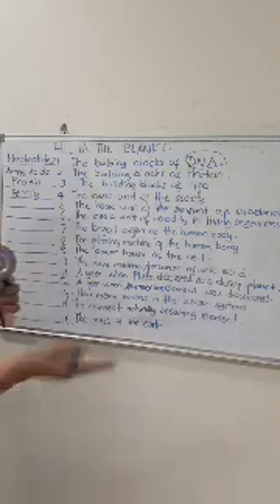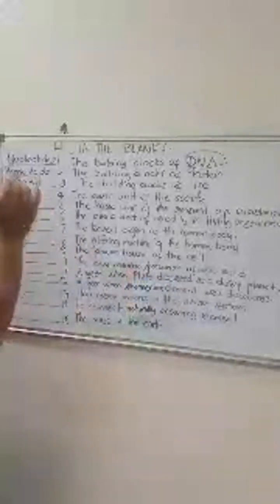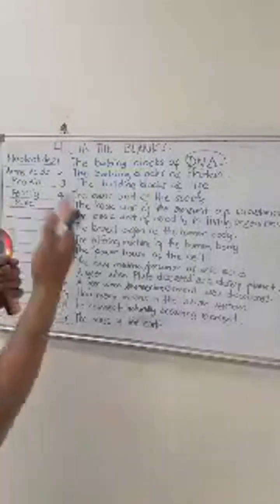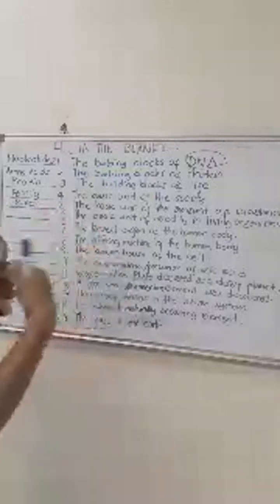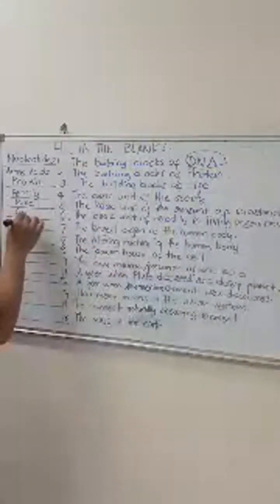Okay, number five, the basic unit of the amount of substance, this is chemistry, right? It's going to be mole. M-O-L-E. Okay, number six, the basic unit of heredity in living organisms. It has to do with the offspring, hereditary traits and character. It's obviously the genes.